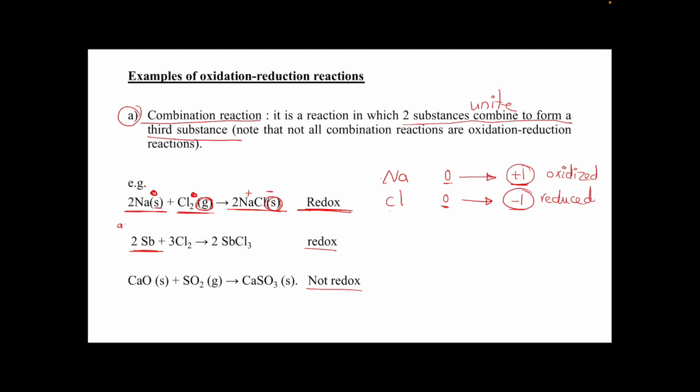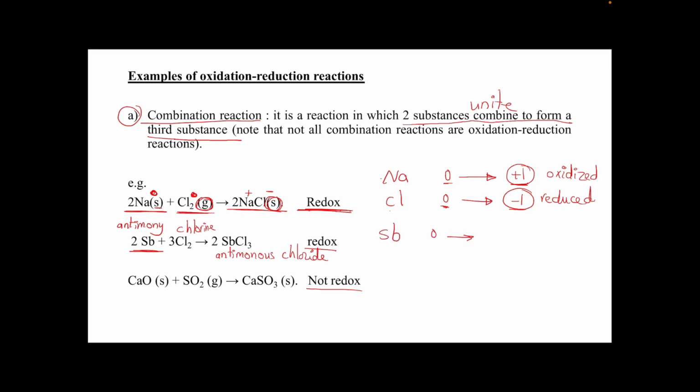The same applies to the second example. This is called antimony. It's a metal. It reacts with chlorine gas to give this compound, which is called antimonous chloride.